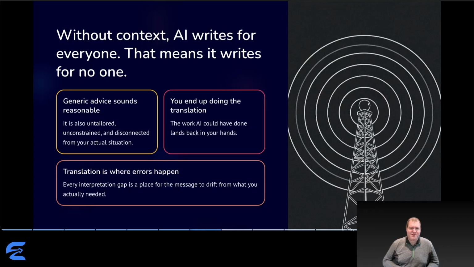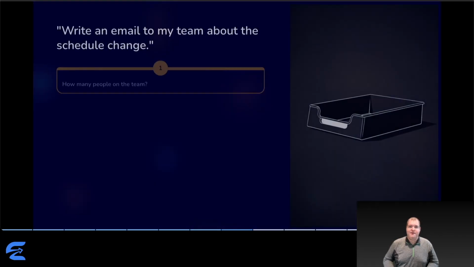Every time you do that translation, you introduce interpretation. Interpretation is where the message drifts from what you actually needed towards something close, but not quite right. The work the model could have done up front comes back to you on the back end.